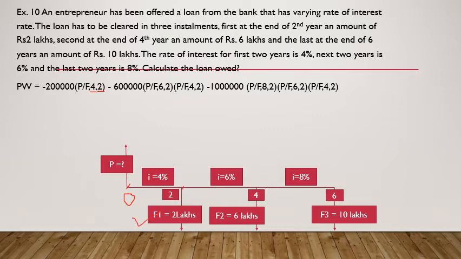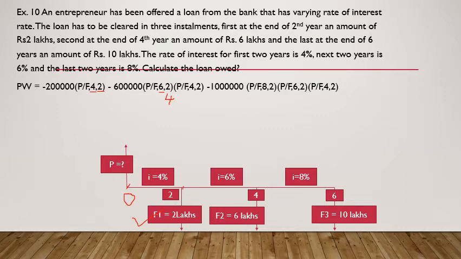Now let us come to F2. What is this 6 lakhs multiplied by, if I say P by F comma 6 comma... why is it 6 comma 2 and why 4 comma 2, let me explain that. If I say P by F comma 6 comma 4 here, if I write 4 here, what does that mean? 6 lakh will be converted into P at t is equal to 0 at a rate of interest of 6% for 4 years.